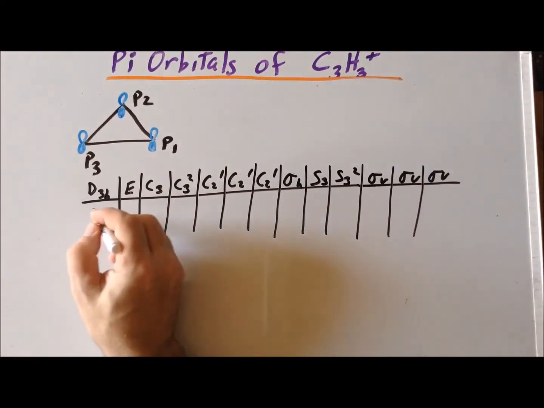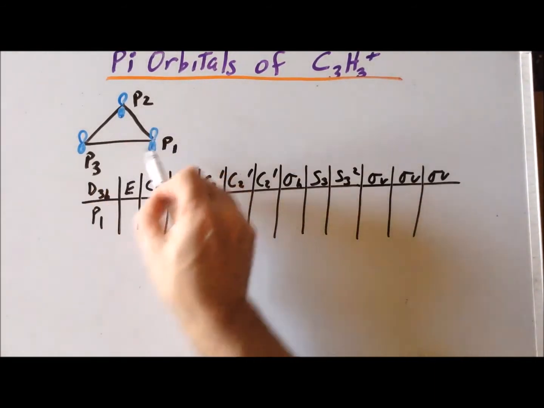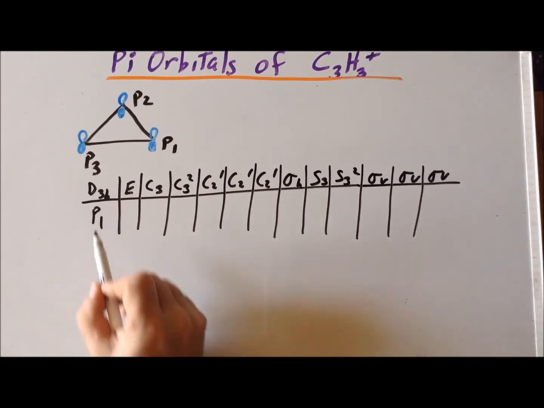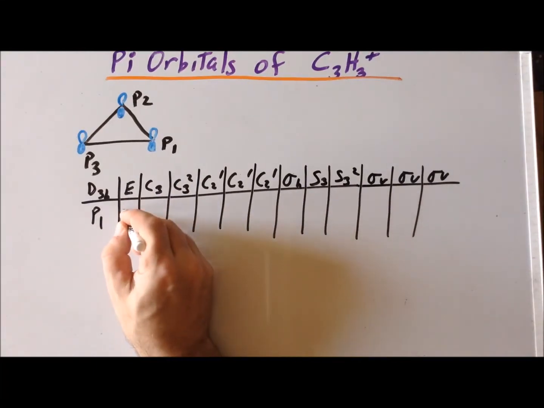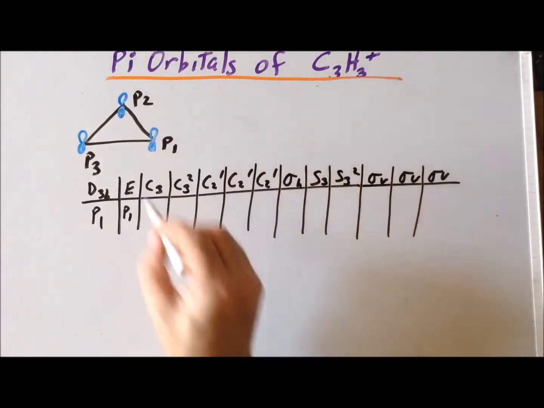So now we use the projection operator method. We see what happens to a representative p orbital, P1, under each of the symmetry operations of the group. So under the identity, P1 just becomes P1. Under C3, P1 gets rotated to P2.